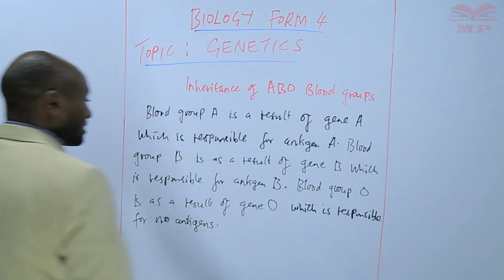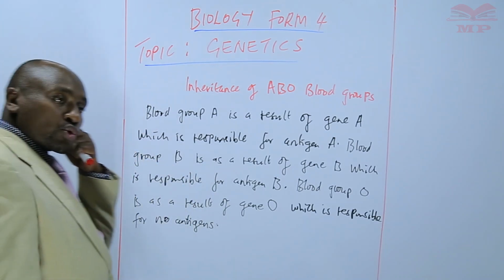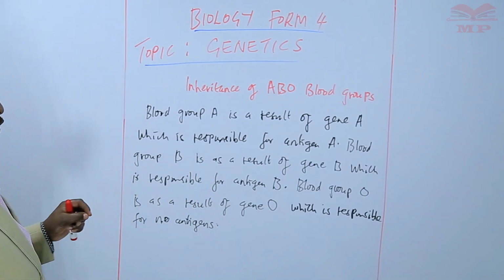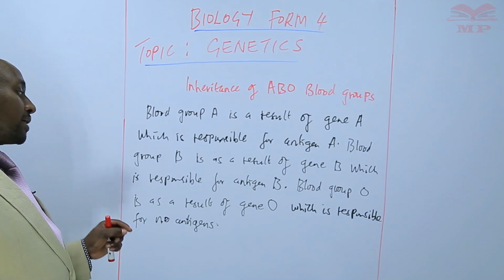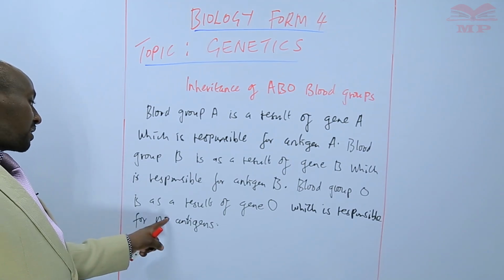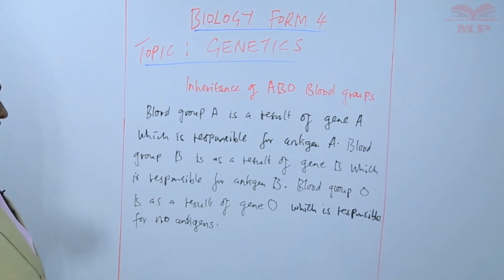So O means that it's like it's zero antigens. So when the gene O is there, then the blood group is O and means that there are 0 antigens.